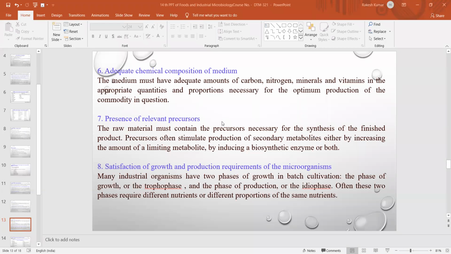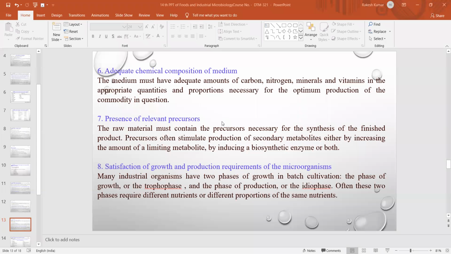So whatever substrate quality is required for performing a particular task or for producing a particular end product, you have to choose adequate material having the required chemical composition. Now, presence of relevant precursor. Whatever precursor is required in the system, you have to either add it from outside, or it should be there in the substrate. Now, satisfaction of growth and production requirement of the microorganism.